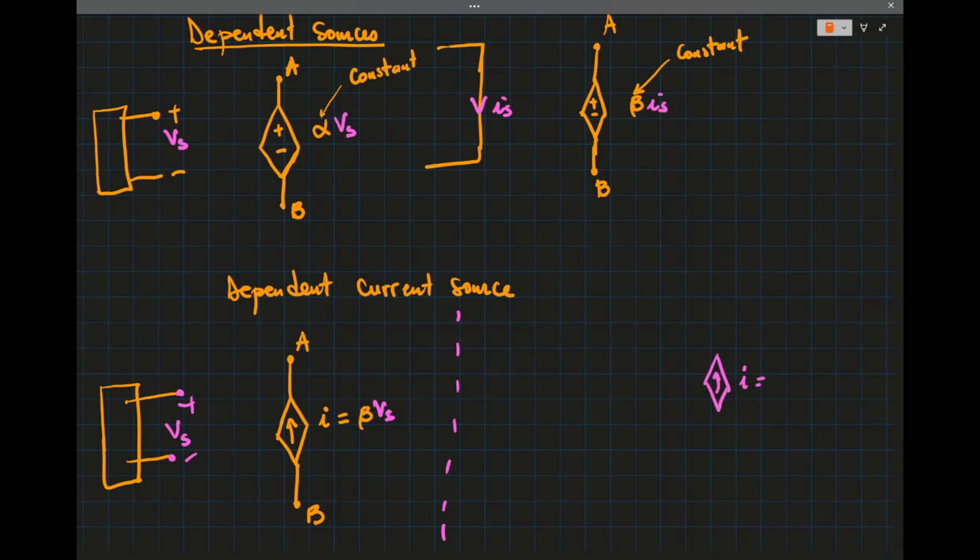So I will be some alpha IS. So IS will be current somewhere in the network that the source depends on. Okay, so this is A and B.